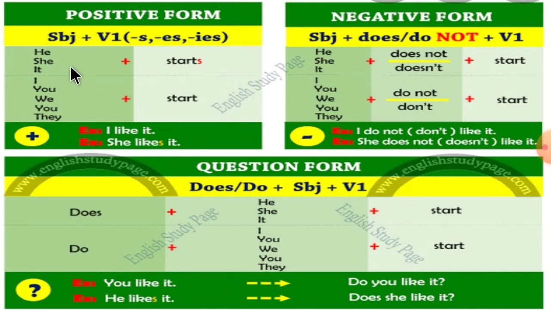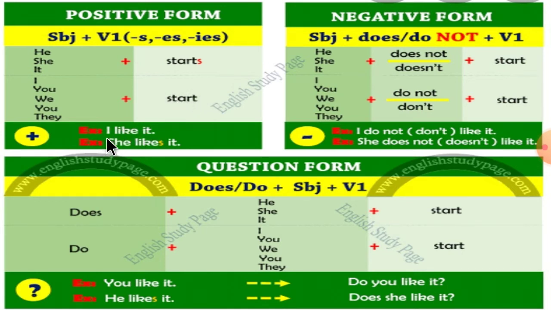Because when you are making a sentence with he, she or it, only at that time, only and only at that time, you have to add s at the end. But when you are taking I, you, we, you or they as a subject, you don't need to add anything in the verb. You don't need to make any changes.